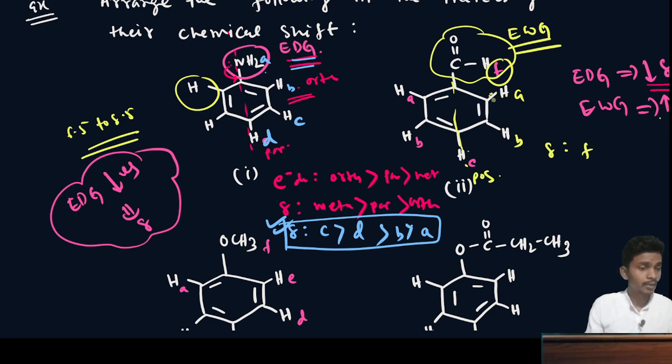So the electron density will decrease from here and here, and if it decreases, then that value will become high. So after F, then A, then we will have C, then we will have B.